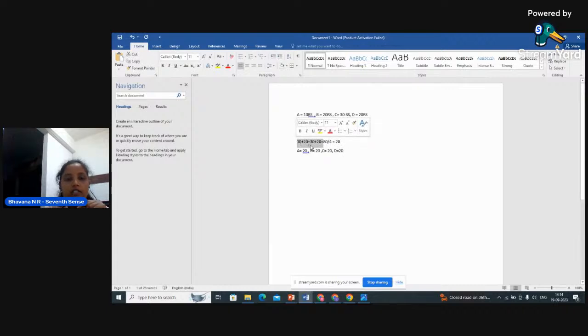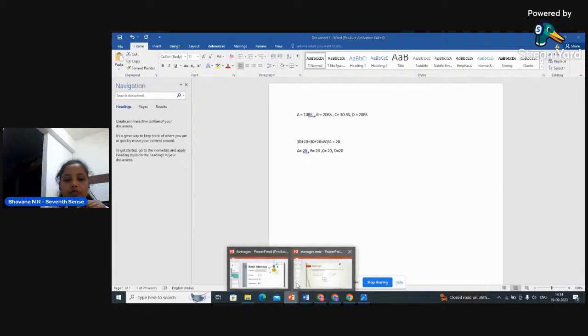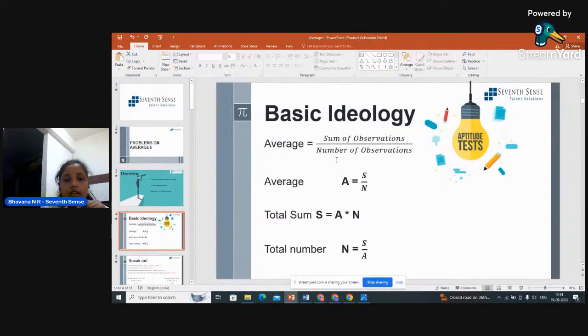Next, the number of observations, which I already explained in the example. Now the formula of the average is A equals S divided by N. S divided by N means the sum of observations divided by the number of observations to find the average.